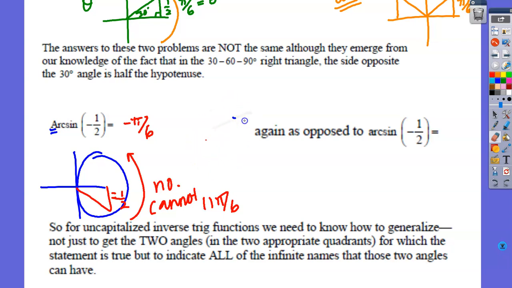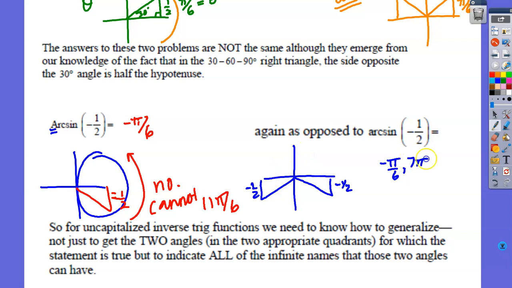Okay, how about lowercase? Well, lowercase arc sine negative 1/2. Sine is negative 1/2 here, and it's also negative 1/2 in the third. For these two, again, it's kind of your choice. You could call this one negative pi over 6 if you want, or you could call it 11 pi over 6. And then I need to go to that pi over 6 in the third, which is 7 pi over 6.